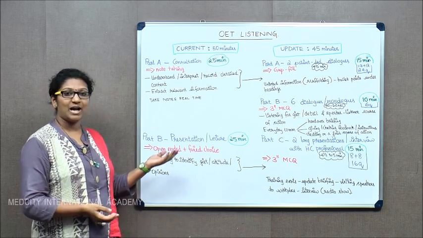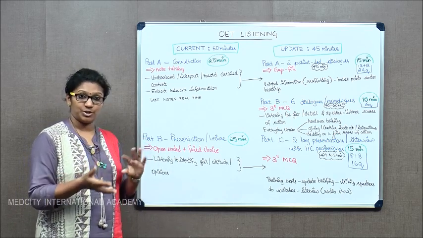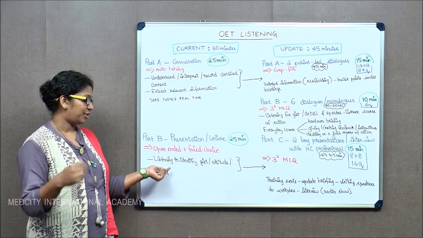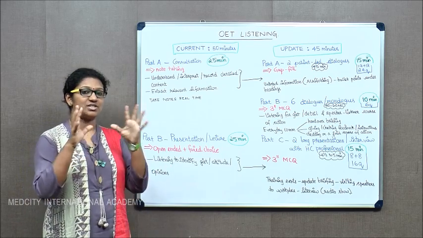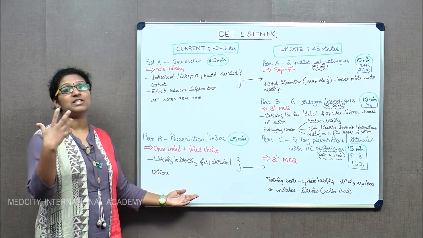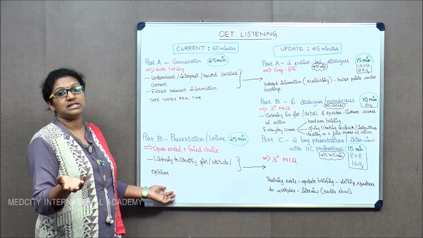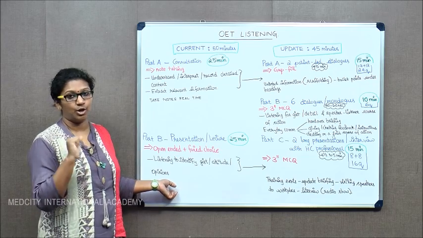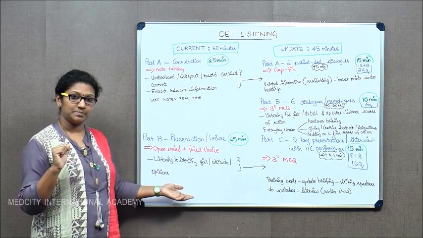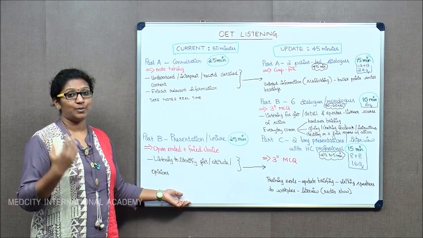Here you have open-ended and fixed choice questions, but the area that you're being tested on is whether you're able to listen to identify the gist, the overall idea, the attitude of the speaker, and the opinions given by people who speak in that particular audio clip. So these are the areas being tested in part B of the current OET listening.